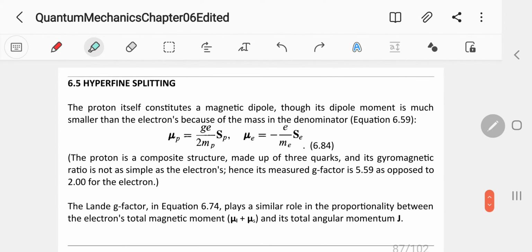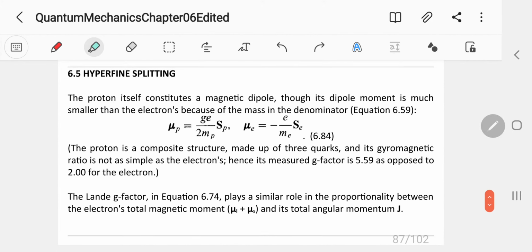Now we'll go to the hyperfine splitting. The proton also constitutes a magnetic dipole, though its dipole moment is smaller than that of the electron because the mass of the proton is so much bigger. So the magnetic dipole moment of the electron would have to be larger than that of the proton.